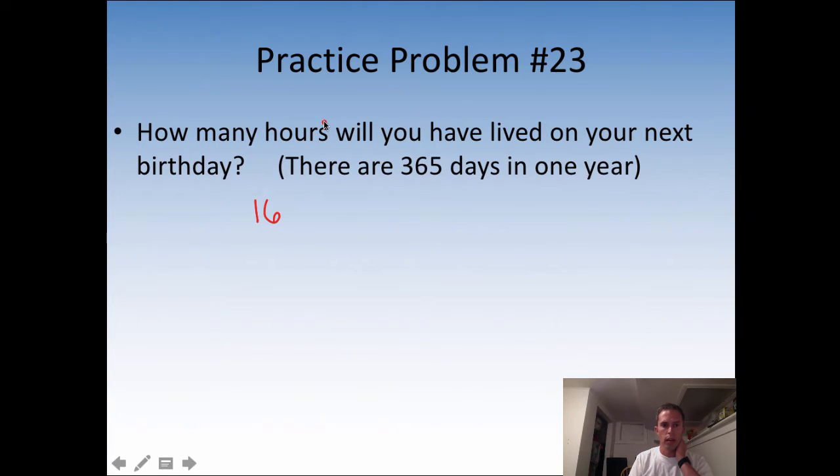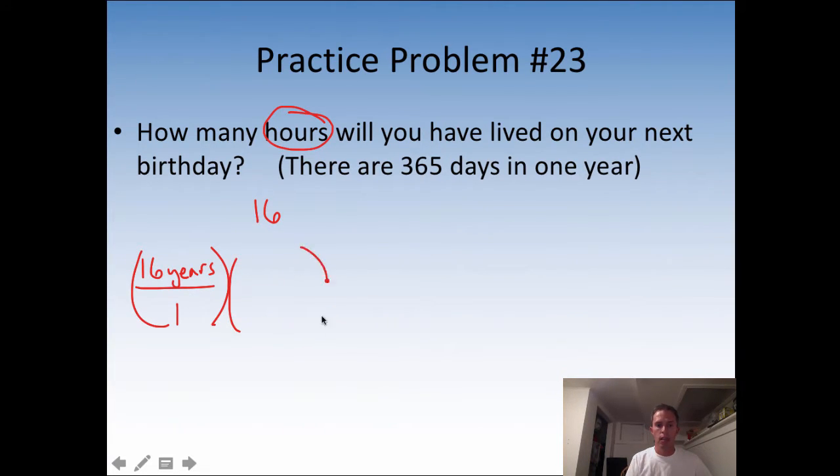So we want to go to hours. Okay, so what we start with is your age. So on our next birthday, we're going to be 16 years old. So in 16 years, we're going to put that over 1. Now, if you're going to be 17, put 17 here. If you're going to be 18, you would put 18 here. And that's what we're going to do, use conversion factors to go down to hours instead of years.